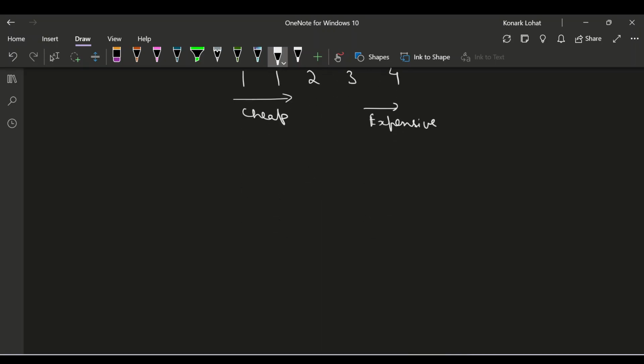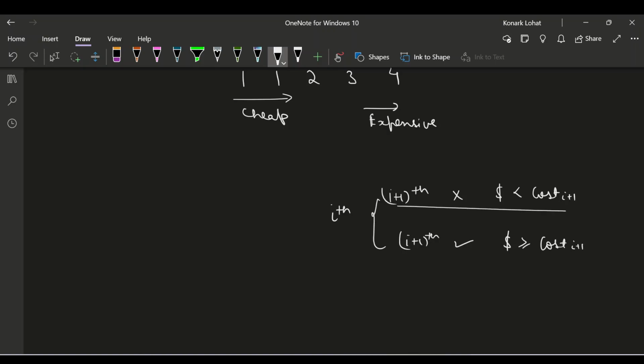How to prove that? For example, if you are at the ith ice cream, there are two conditions: either the i plus 1th ice cream cannot be bought, because the coins that you have are less than the cost of the i plus 1th ice cream, or the i plus 1th ice cream can be bought, which means the coins that you have are greater than or equal to the cost of the i plus 1th ice cream.